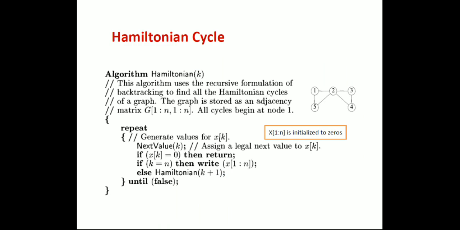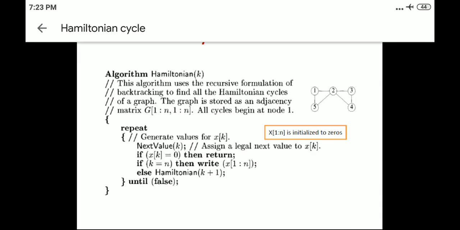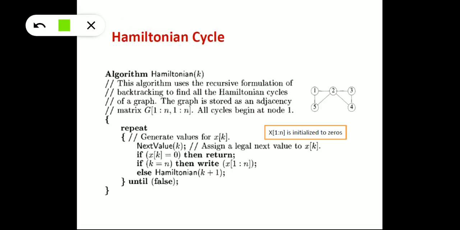So now this algorithm runs for an infinite number of times, right? That is until a solution has been obtained. So initially we assign x of 2 to x of n to zeros, and then in this repeat loop we make a call to function next value of k.